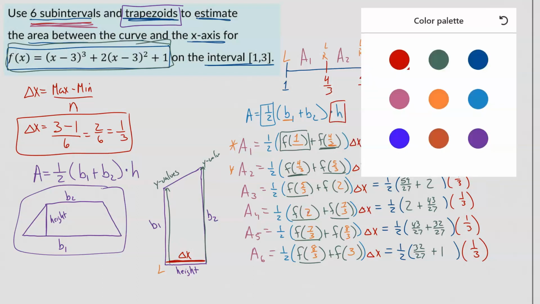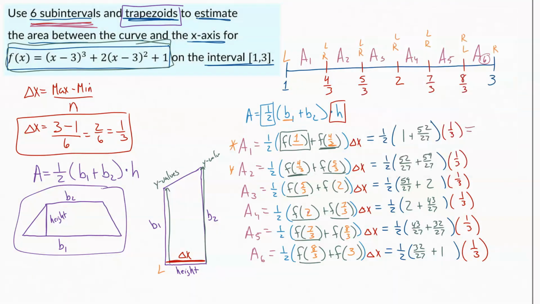And then the final part of this is to go ahead and throw all of those values into your calculator to get out the actual area for each one of those regions. So when I multiply this all out, I'm going to get 79/162. I multiply this all out, I get 37/54.